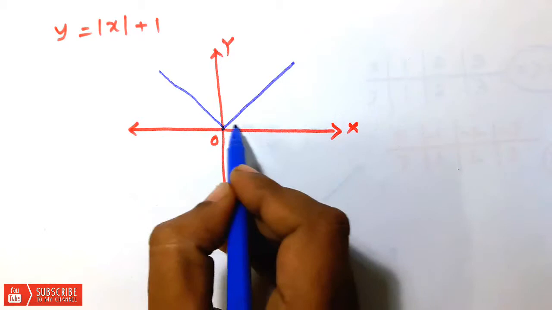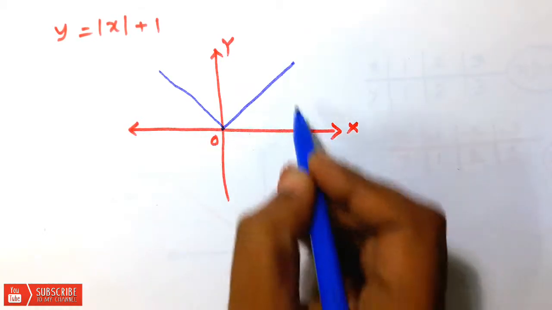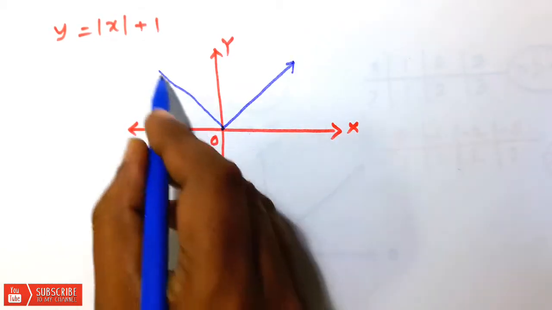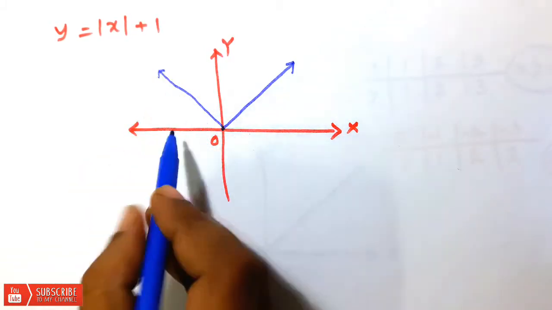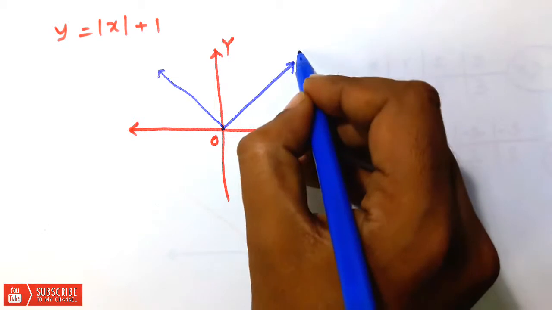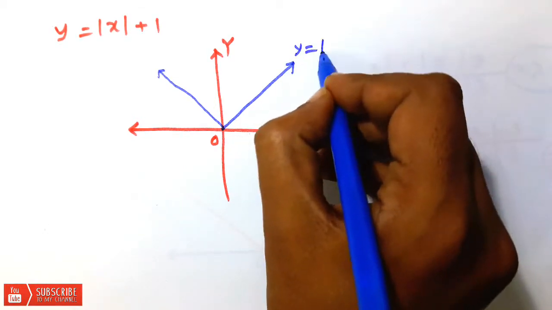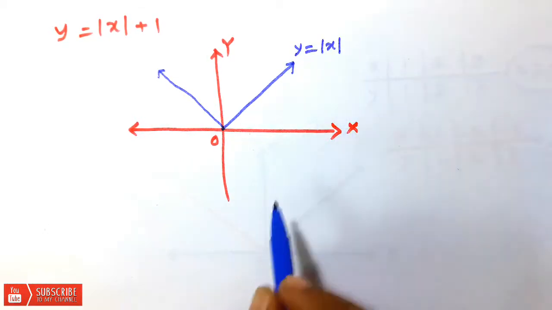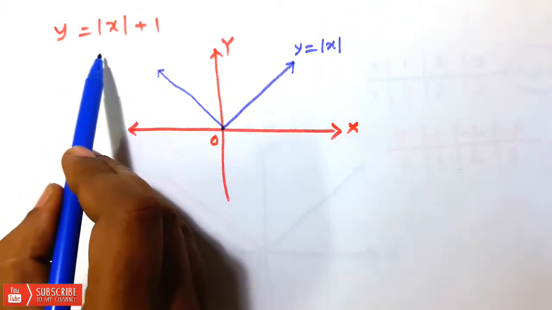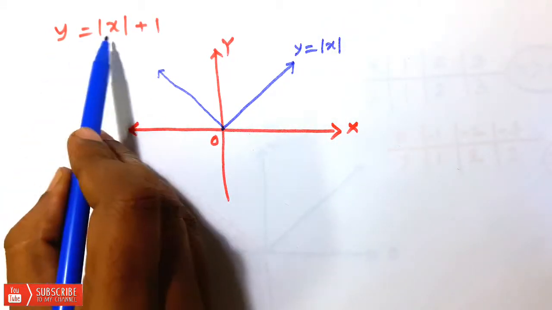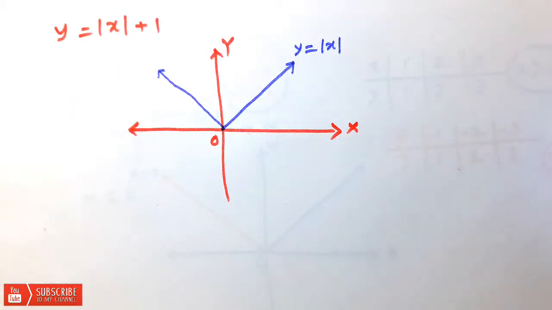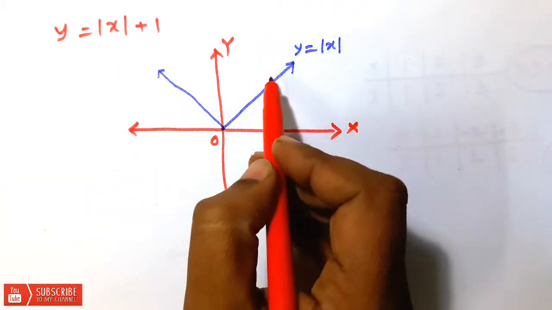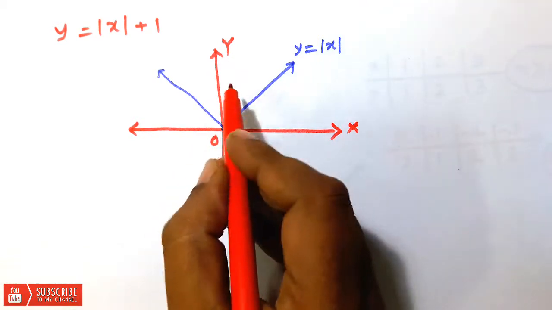This line is making 45 degrees with the positive direction of the x-axis, and this line is making 135 degrees with the positive direction of the x-axis. So this is y is equal to mod x. Now when we want to draw y is equal to modulus x plus 1, this given curve, y is equal to mod x, will be shifted upward by 1 unit.